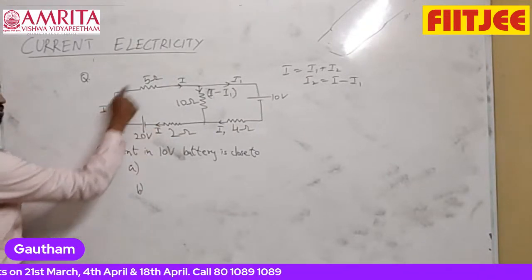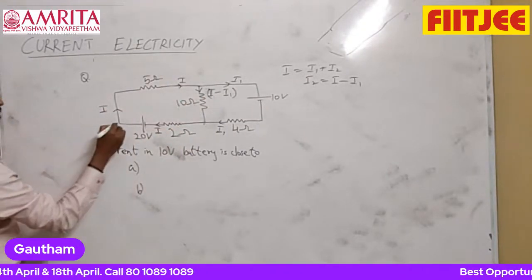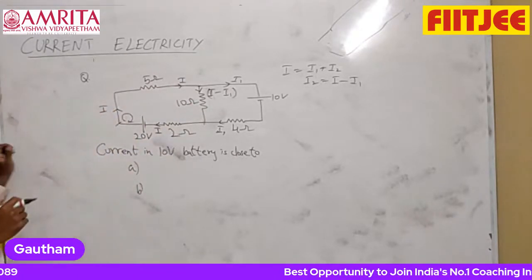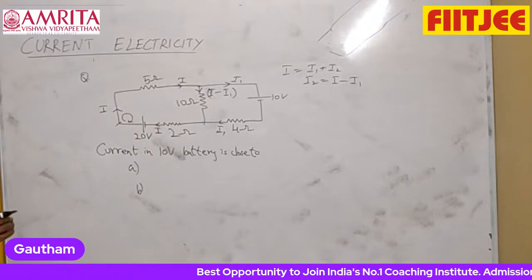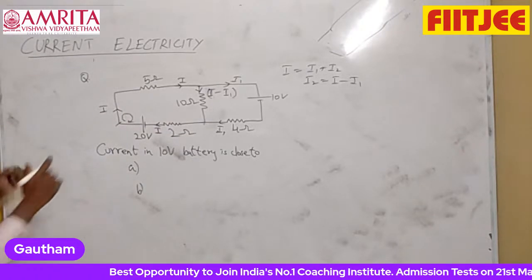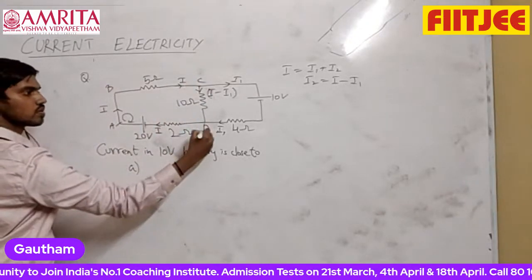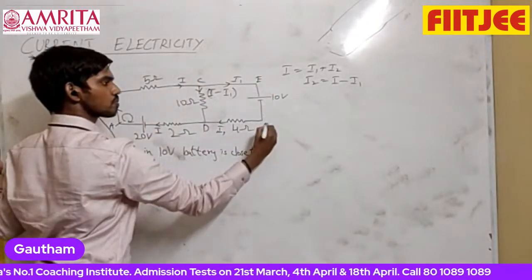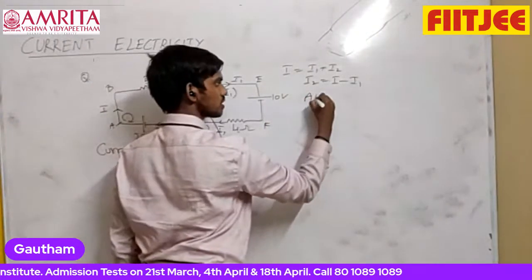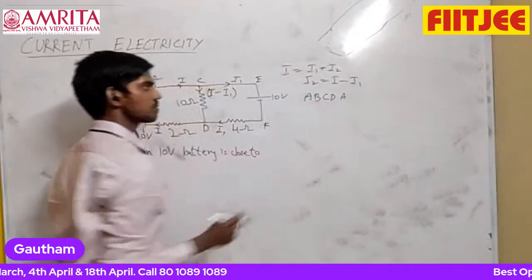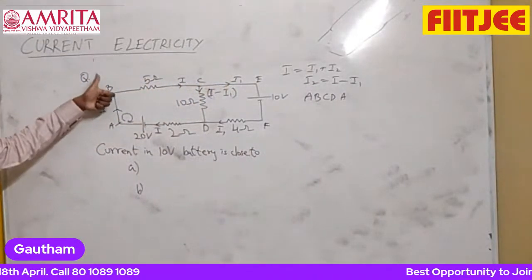So if I write for this loop, I'll start from here. I'll again come back to the same point. What is the Kirchhoff voltage law for this loop? So my first loop is A, B, C, D and back to A. So A to B, no resistor.